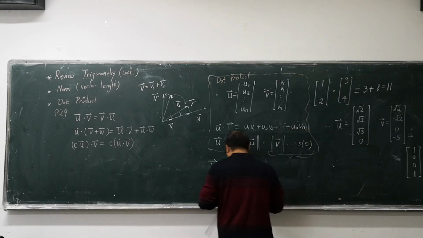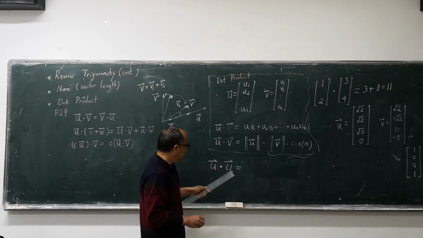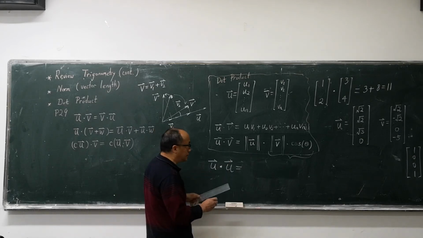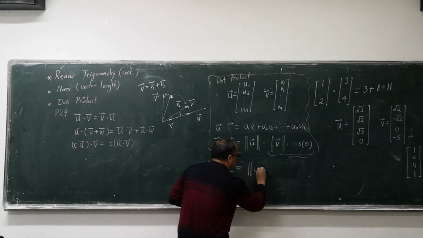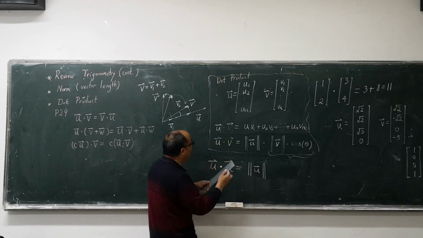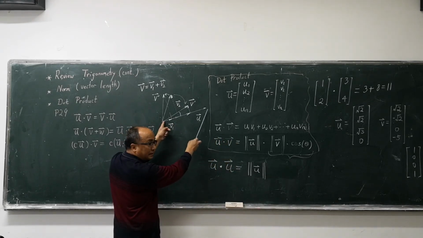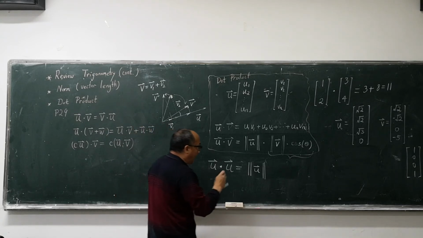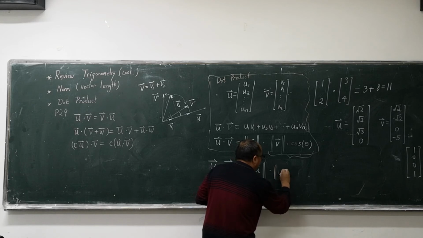What's the result? It dot itself. So it's the norm, the vector length, times the vector length again.